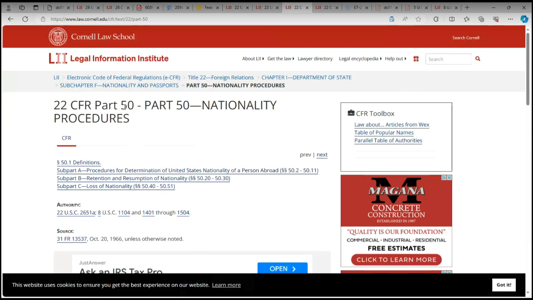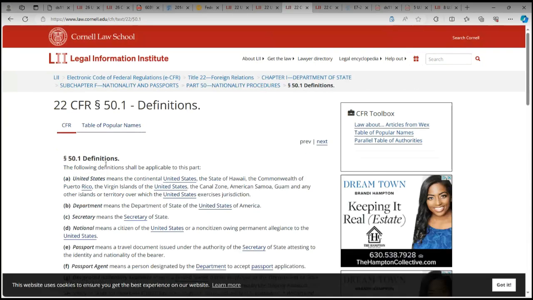Period. So Part 50 applies, unless you're one of those persons who, in this context for the passport, believe that the state of the union that you live in is considered abroad, then this applies to you. So let's look up definitions.